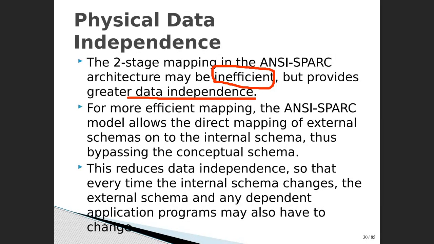How about if we want more efficient mapping? The ANSI SPARC model allows the direct mapping of external schemas onto the internal schema, bypassing the conceptual schema. So it reduces data independence. Every time the internal schema changes, the external schema and any dependent application may also have to change. All right, got the point here?